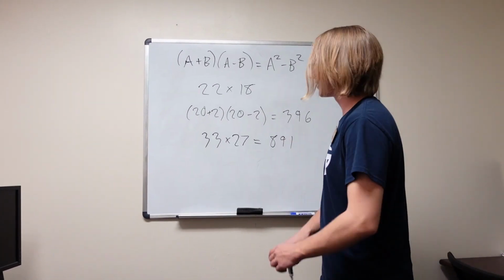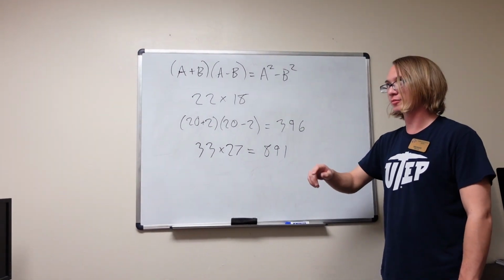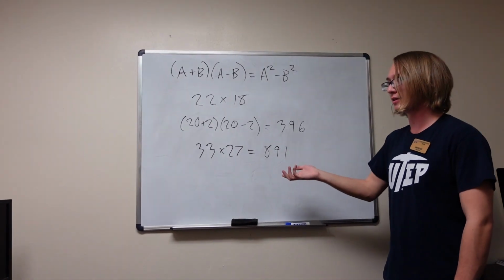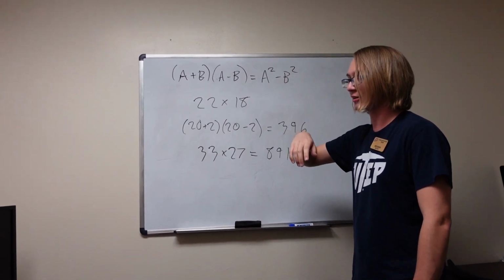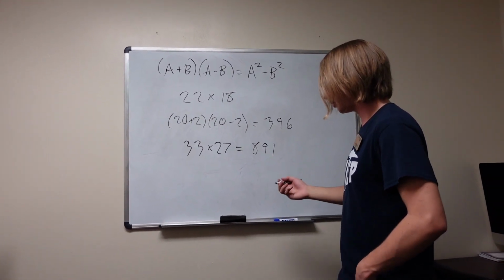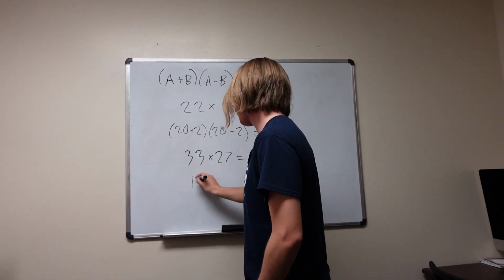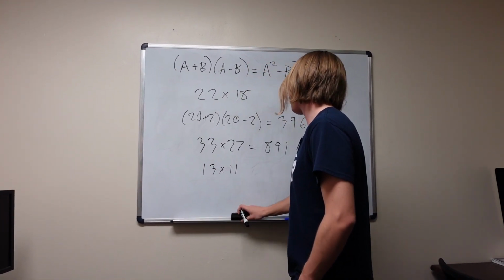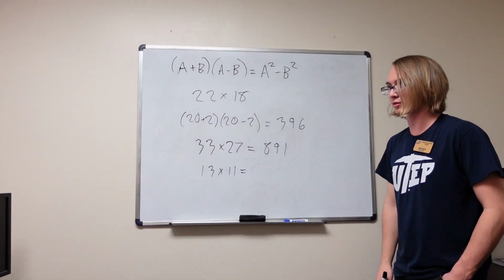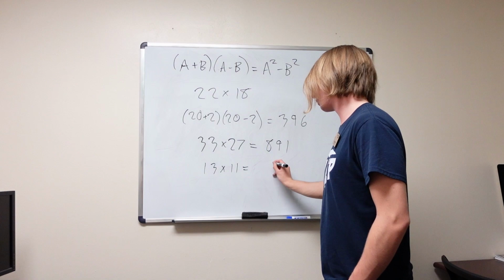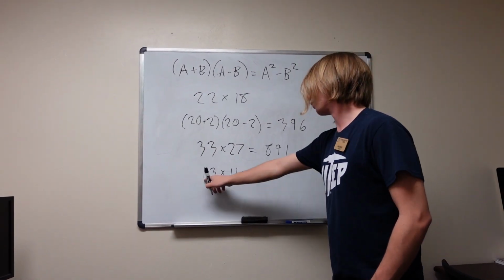So yeah, the numbers don't have to be equal in distance from a tens number, but it's much easier if it is. If, for instance, you memorize your squares, this will come in handy. Let's do 13 times 11. For this one, you could use the 11s trick, which we've been shown, where you write down the number and then add the 2 digits, so we get 4 and then 1.